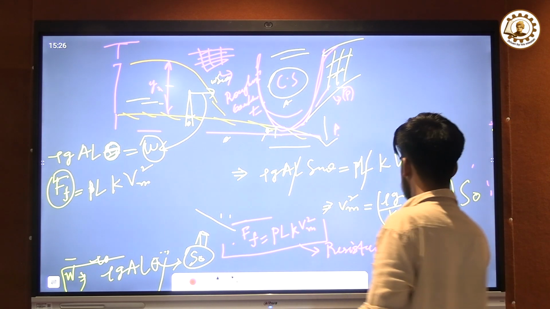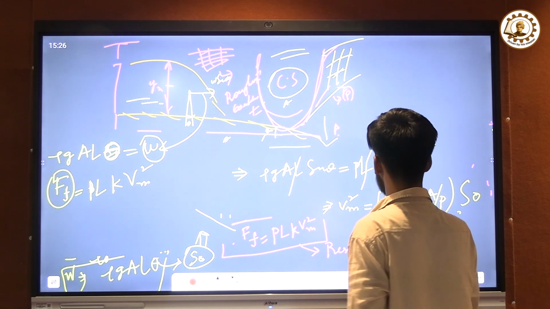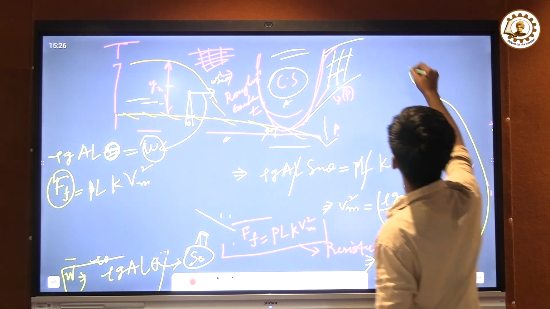So what will be the value of V? Write it here.